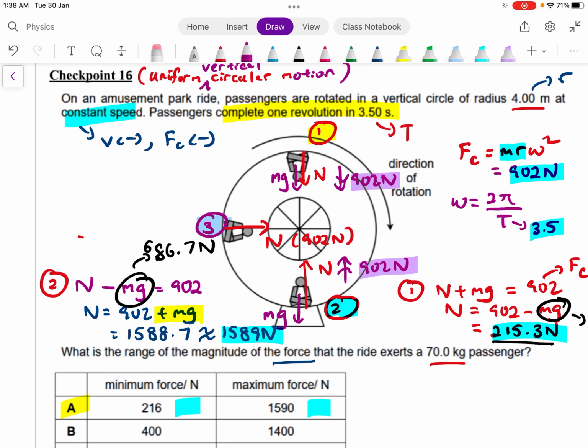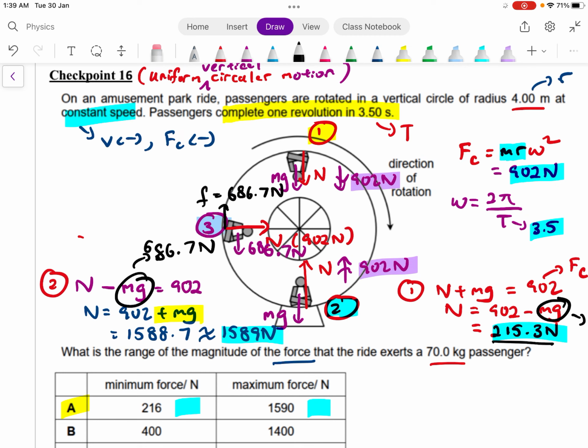Okay, what about the other two forces? The first will be the weight, which is 686.7 Newton. This is the weight of the passenger. Since the passenger is not sliding downward, the floor actually exerts a frictional force, and this frictional force will also be equal to 686.7 Newton.